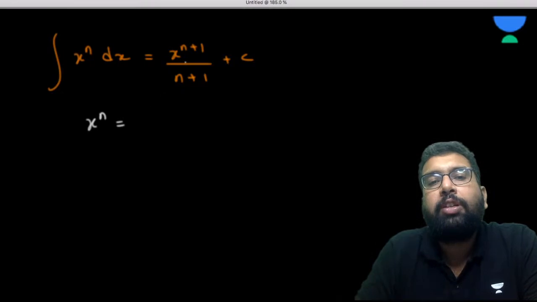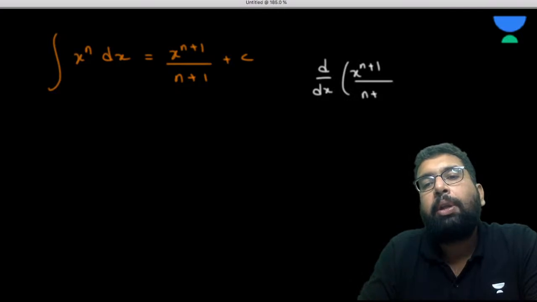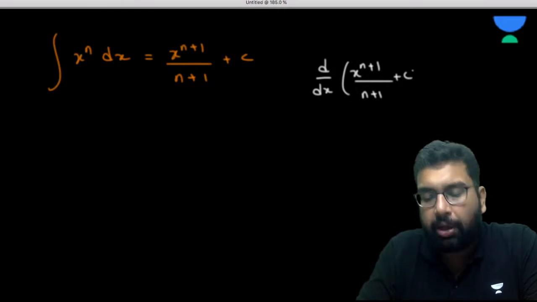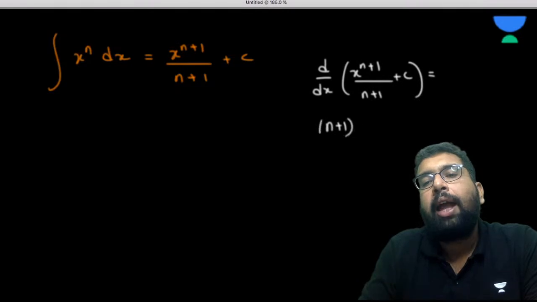Now when you differentiate this very equation, what will happen? This is a way to remember the formula. If you make any mistake, and you know how to differentiate, you can check this way also. We know x^(n+1), so it will become n+1, and n+1 is there in the denominator, and x^(n+1-1) becomes x^n.